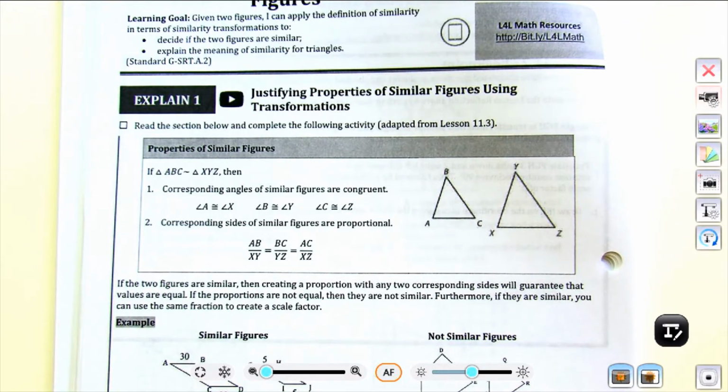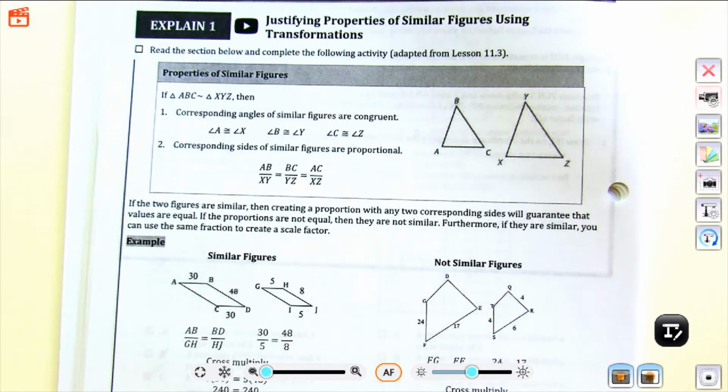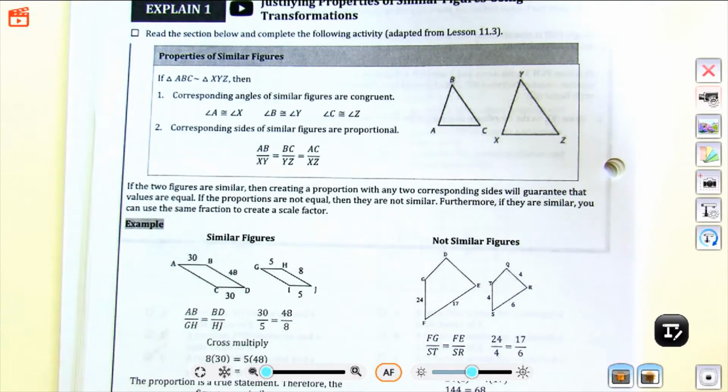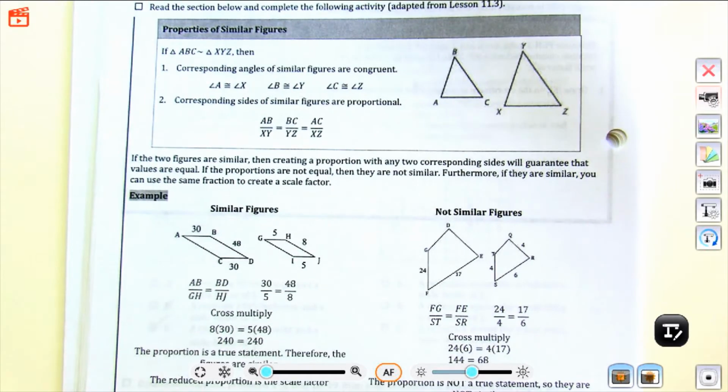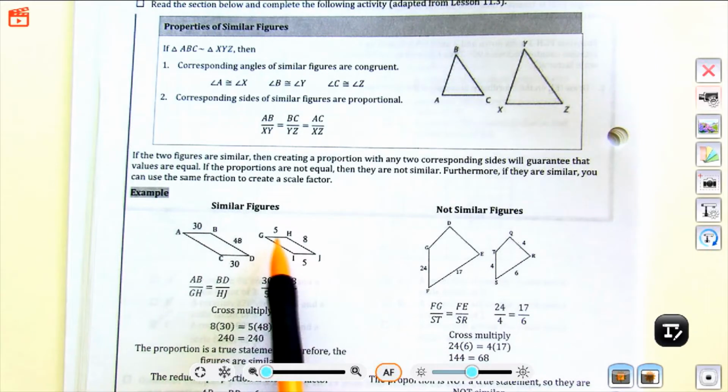So let's look at some examples of how to find a missing side, or how to see if two figures are similar. So in this example, let's look at AB versus GH, and then BD versus HJ.